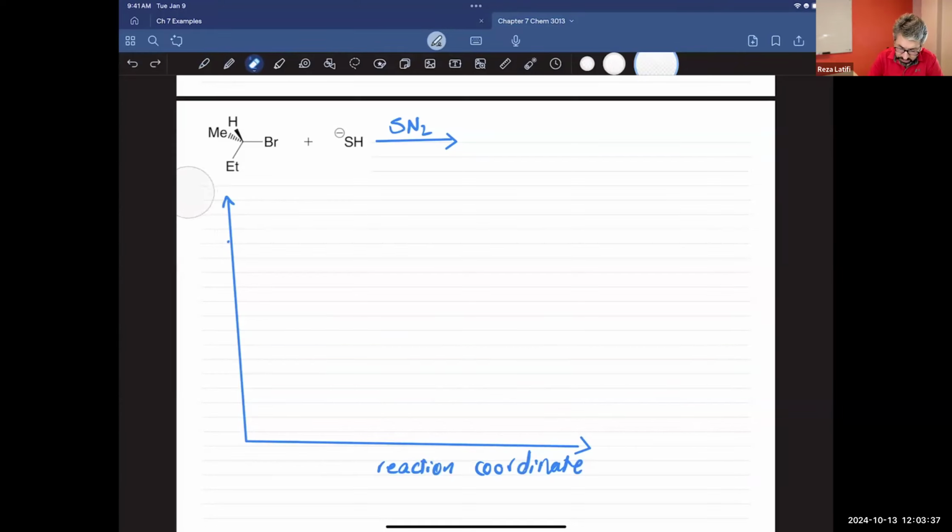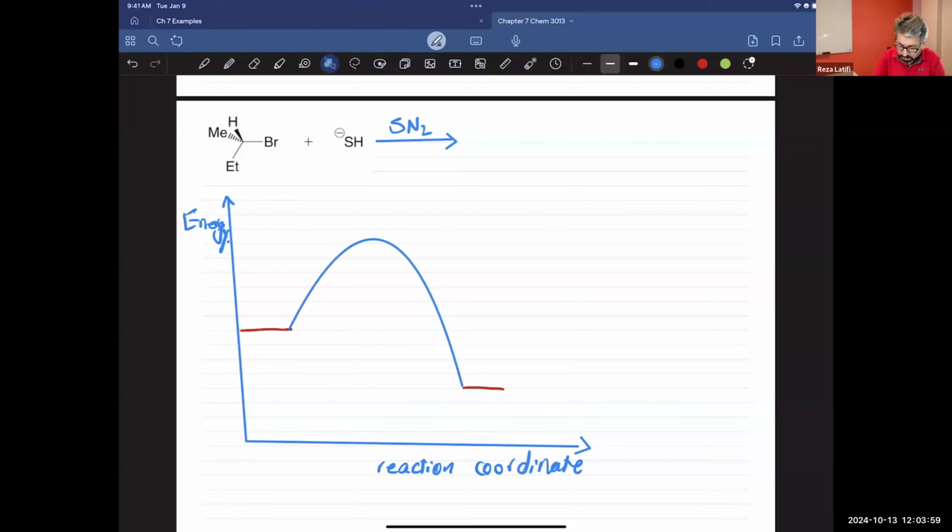I have a reactant, and let's say this one is our reactant. The product I'm going to put here, and now I will connect these two.